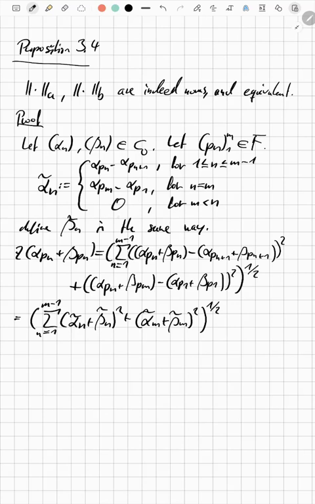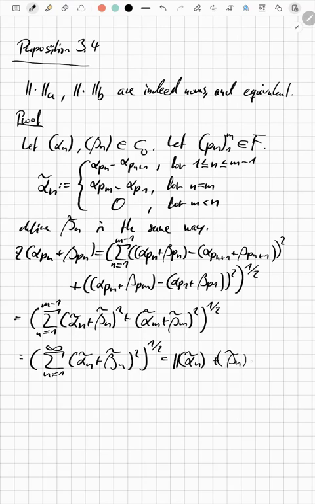Now, because we defined it to be 0 for n bigger than m, this is the same as the infinite sum of alpha n tilde plus beta tilde n. And this is nothing but the 2 norm of alpha n tilde plus beta n tilde. These are sequences. This is the 2 norm.